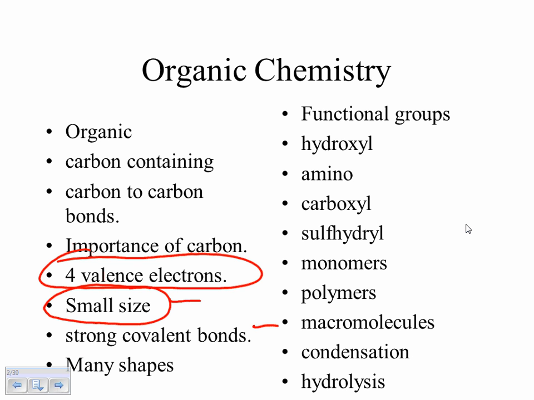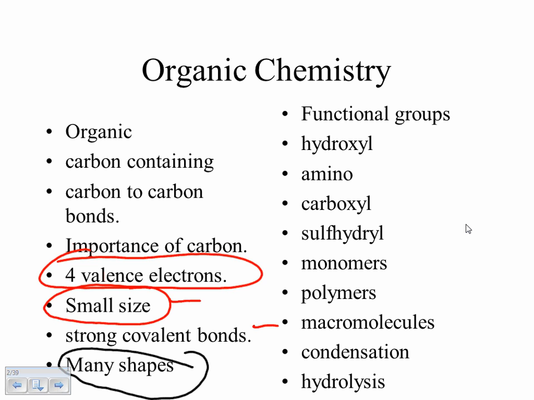That allows carbon to make molecules that come in many, many shapes. And we know from our discussions in class that shape determines function, structure determines function. So carbon can make molecules that come in many, many shapes, and therefore many, many, many functions. Every living thing that we know of on Earth today is centered around carbon, largely because of these properties that we just mentioned.